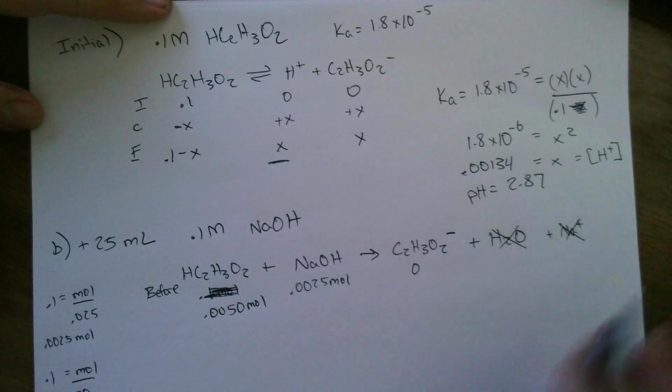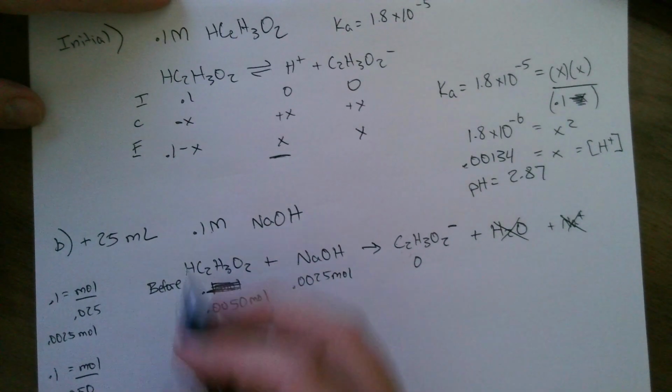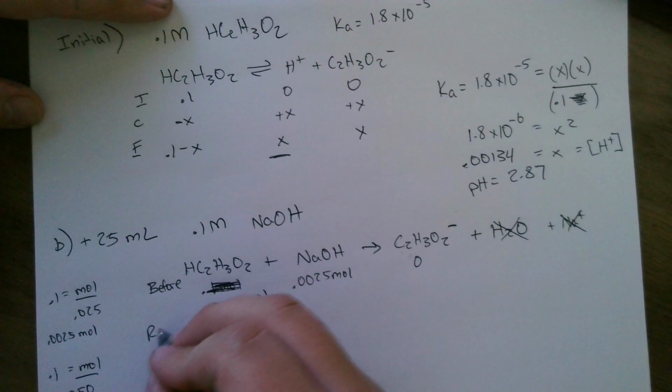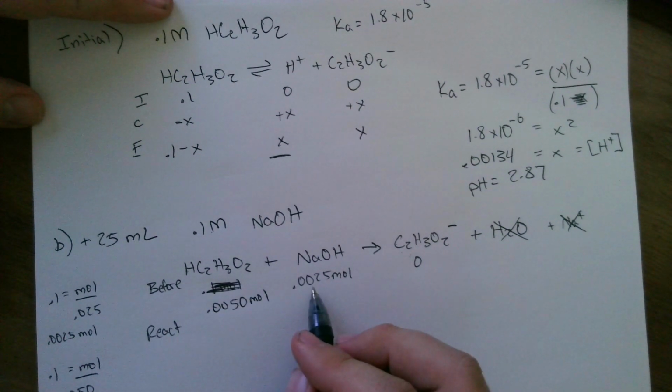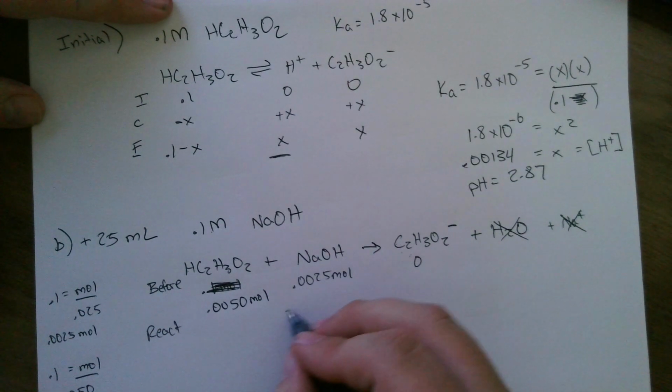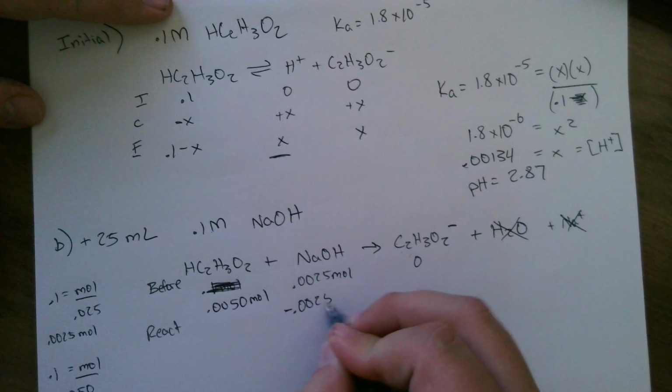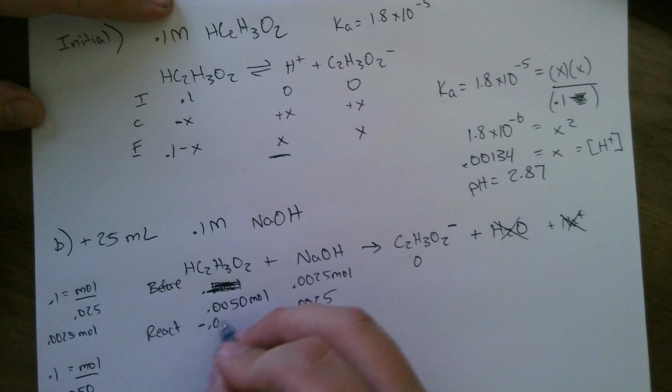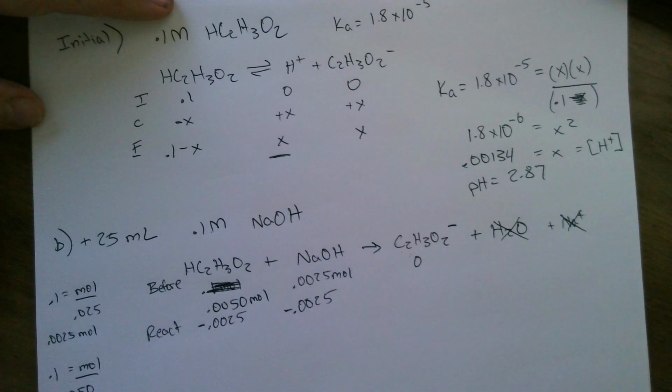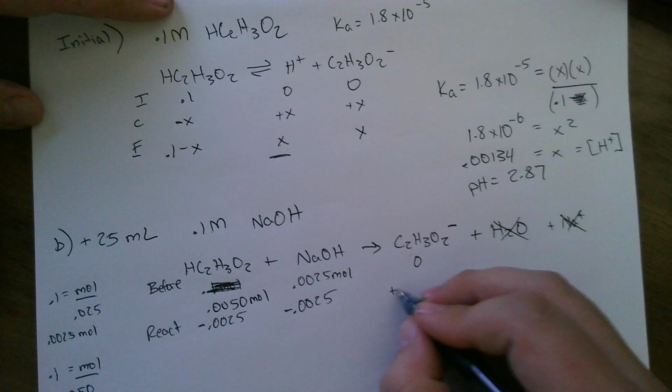And at this point, nothing over here. These two things are going to neutralize each other. I'm going to run out of NaOH first. It's my limiting reactant. But it's going to neutralize a good bit of the acetic acid on its way out. When this gets neutralized, it's going to make more of this.